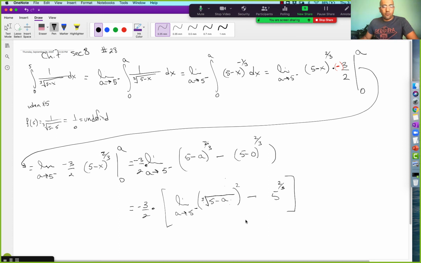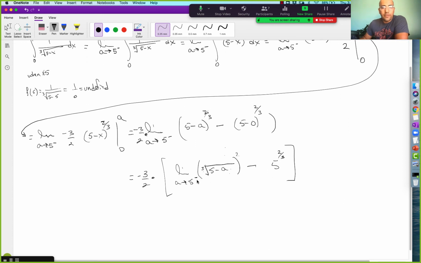Good. Same as before, we utilize this property that because this is a continuous function, I get to substitute this in here. And so this would be equal to -3/2 times the cube root of something squared, which is equal to the limit as A approaches 5 from the left-hand side of 5 minus A. Good.